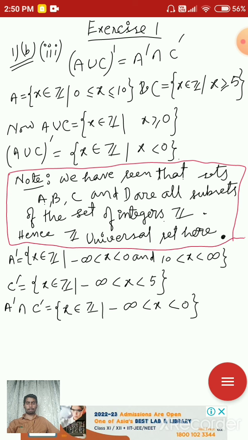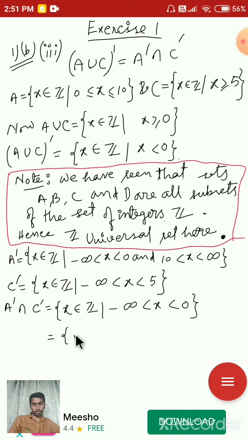This is the value for A complement intersection C complement, which can also be written as x belongs to Z, x less than 0.